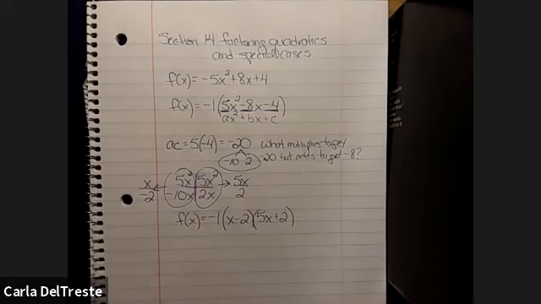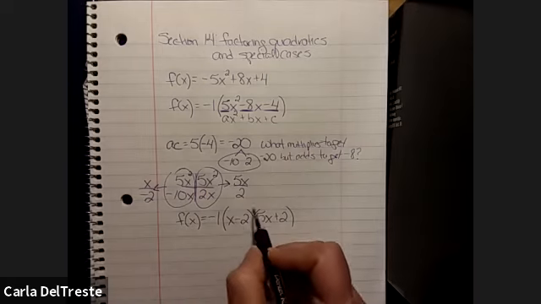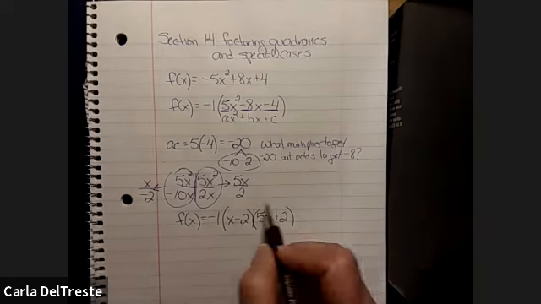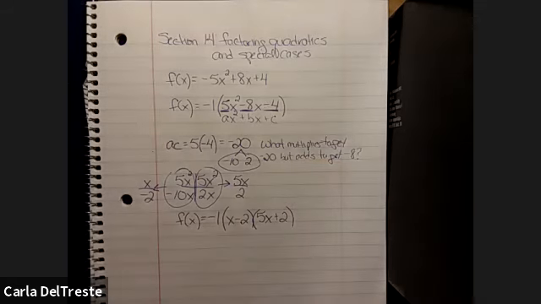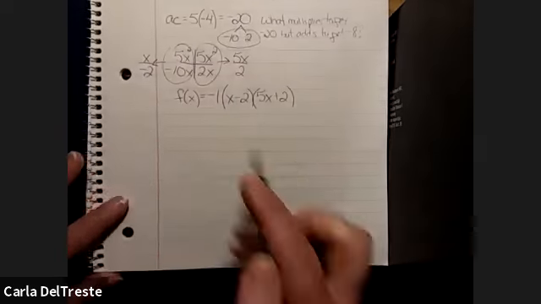At this point, I could stop and I could redistribute these factors to make sure that I get 5x squared minus 8x minus 4. And then I would verify that I do have the fully factored function. So this is my fully factored function. Okay, next example.